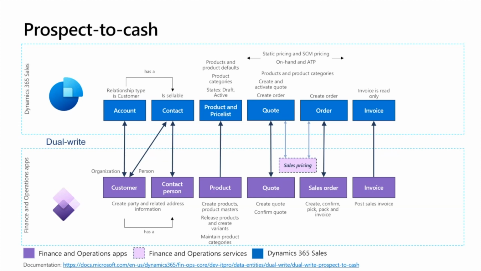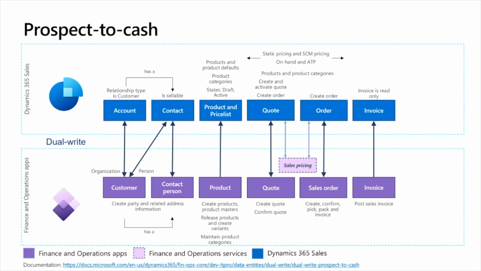On the release product, there's also a price that can be set, and that will be maintained as a price against a price list in sales. If we look at the quote process, this is again a bidirectional sync. The end-to-end process of quote creation and maintenance can be performed in either application.